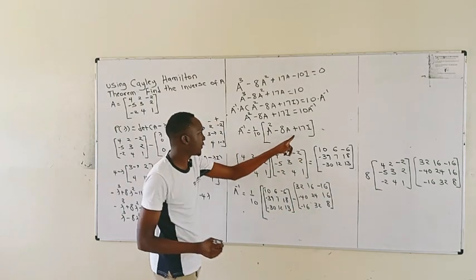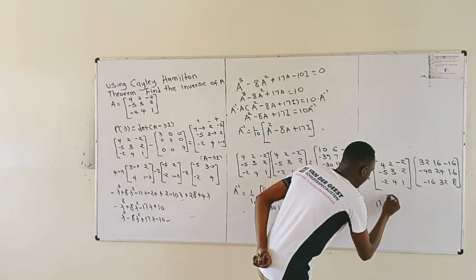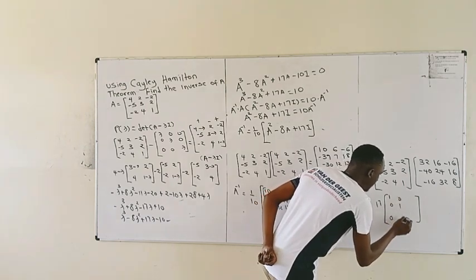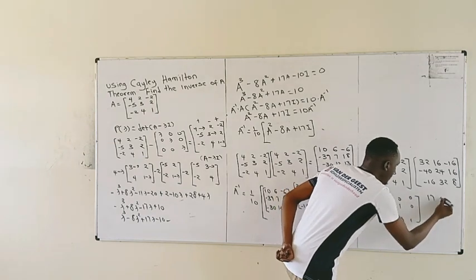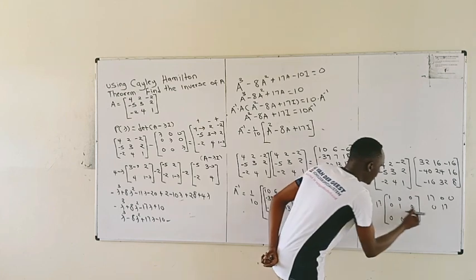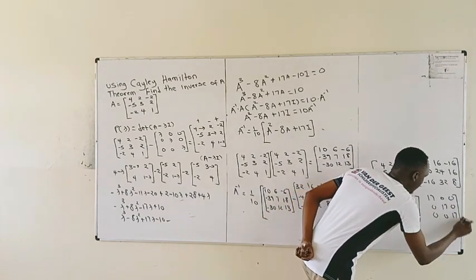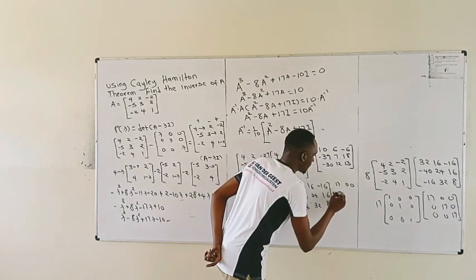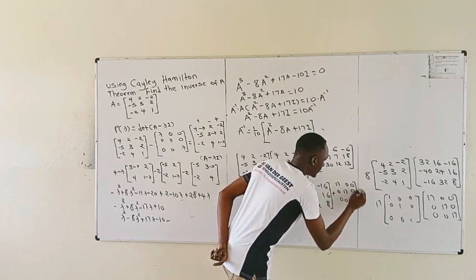Then plus 17 times the identity matrix, 3 by 3, which is 1, 0, 0, 0, 1, 0, 0, 0, 1. 17 times 1 is 17, 17 times 0 is 0, and so on. Now you have plus 17, 0, 0, 0, 17, 0, 0, 0, 17.